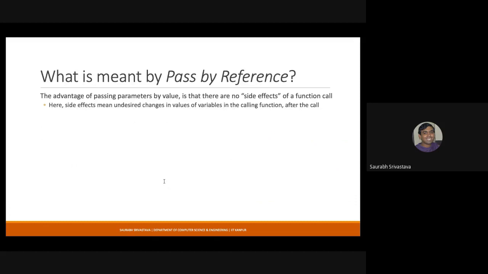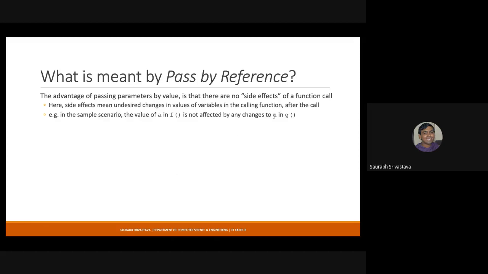Whatever change you make to a and b in the called function doesn't affect the a in the calling function, because there are two different variables sitting at two different locations in the memory. So this is why there is no possibility of a side effect.